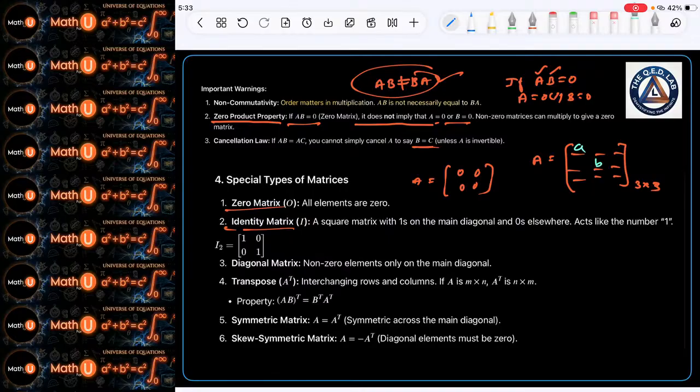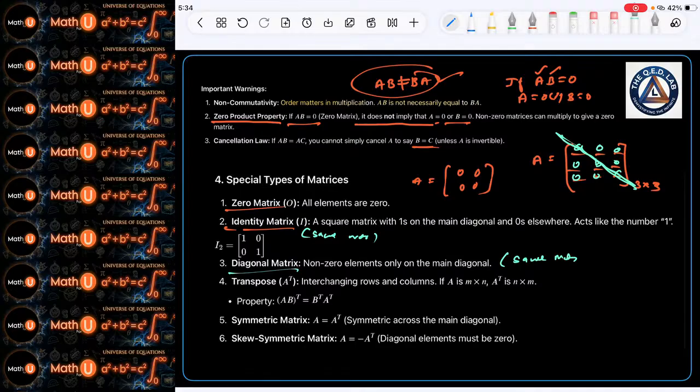But for a diagonal matrix, the non-diagonal positions should be 0. Except diagonals, all the remaining position elements should be 0. Such type of matrix is a diagonal matrix. A diagonal matrix is a square matrix, you should remember. Identity matrix is also a square matrix.